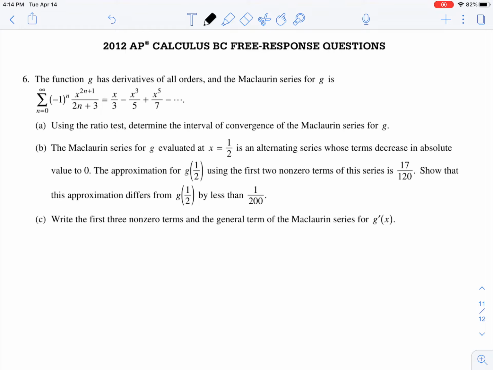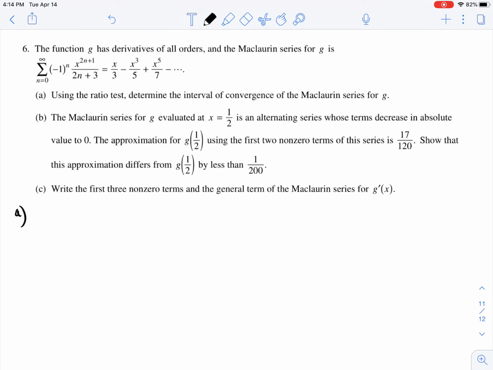So just to recap the ratio test, we are going to find the limit of a sub n plus 1 over a sub n. So let's find the limit as n approaches infinity of the absolute value. And since I'm taking the absolute value, I really don't need to look at this (-1)^n term. I really just need to look at this portion of our general term.